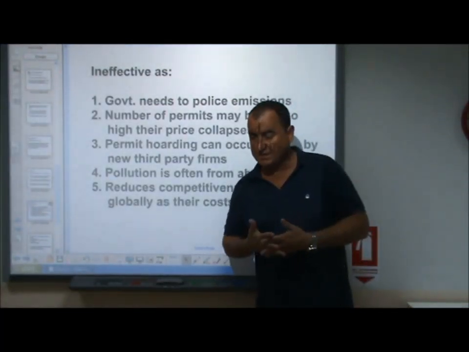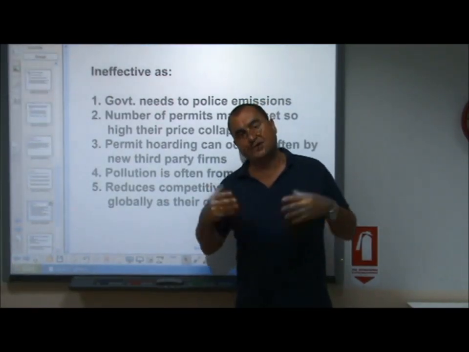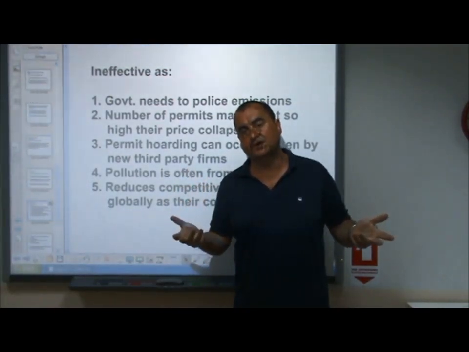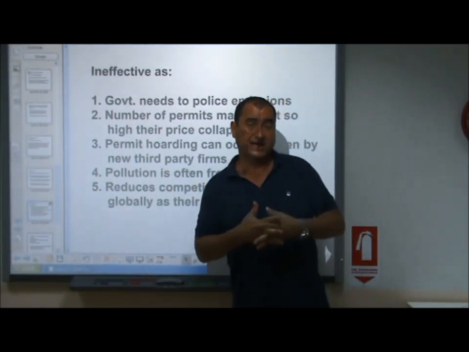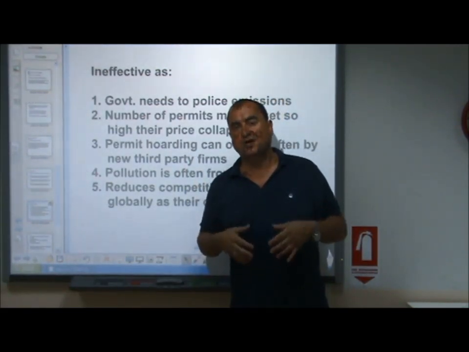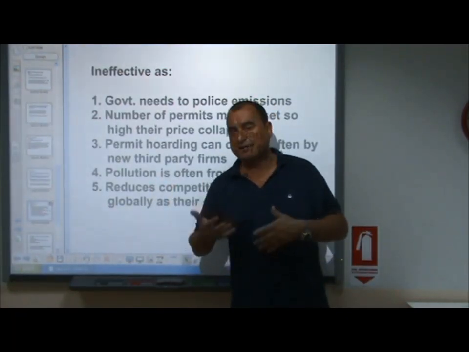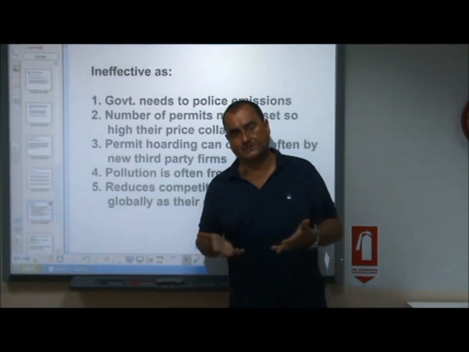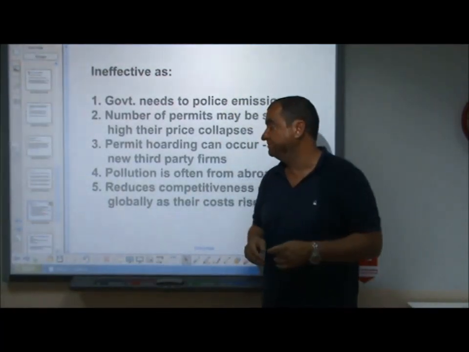Firms will have to either buy permits or get cleaner, and if other countries are not following a similar system, then they will have a cost advantage. So it can reduce the competitiveness of an industry in the global market, and that can cause macroeconomic problems like unemployment. So these are reasons why the system may not be effective.